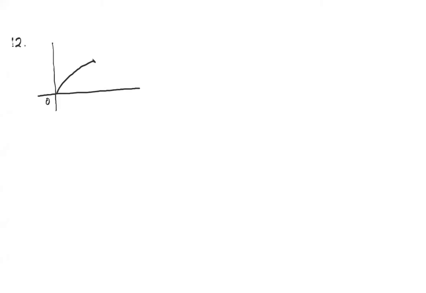Okay, I will do question 12 in this way. Sorry. Let me draw first. Okay, this is your B. This is 1 unit, okay? Area of the shaded region. Okay, and this equation is y equal to square root of x.